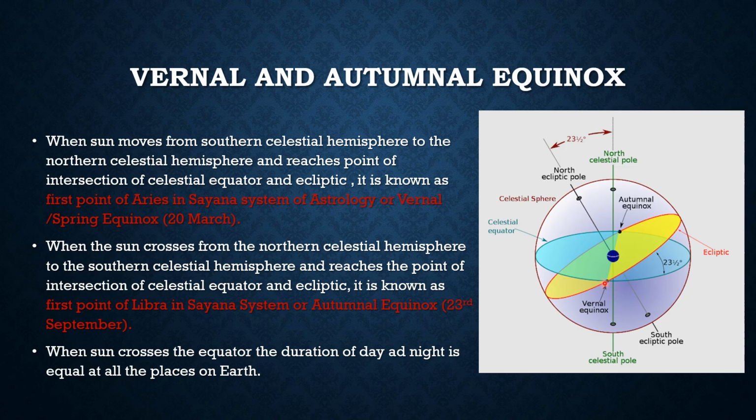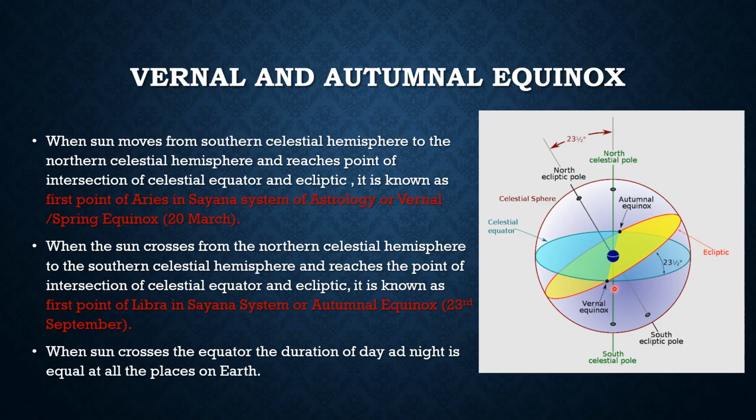This point is called the vernal equinox. This is the point where the celestial equator is intersecting with the ecliptic. That is the vernal equinox, which is the first point of Aries in the Sayana system of astrology.